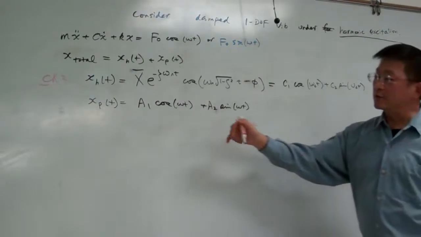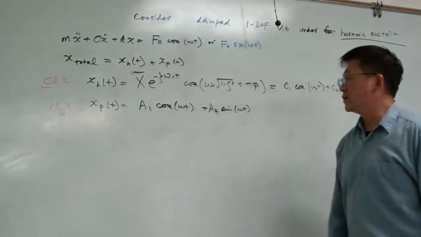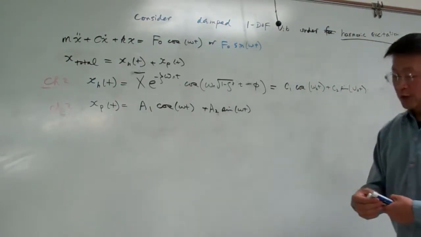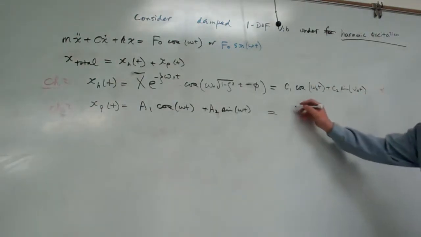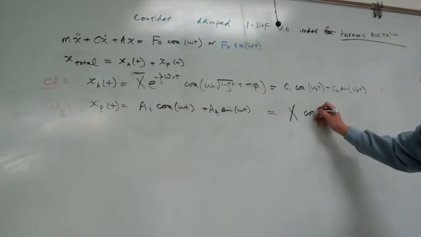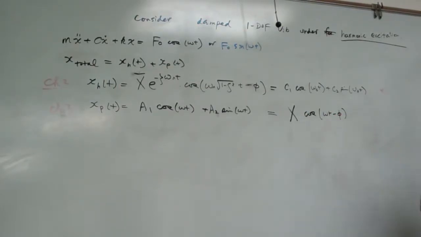Here in chapter 3, we dedicate our attention to this one. In particular, we want to know what A1 and A2 are, or we can have another similar form: capital X times cosine of omega t minus phi, and we simply put it into this form.